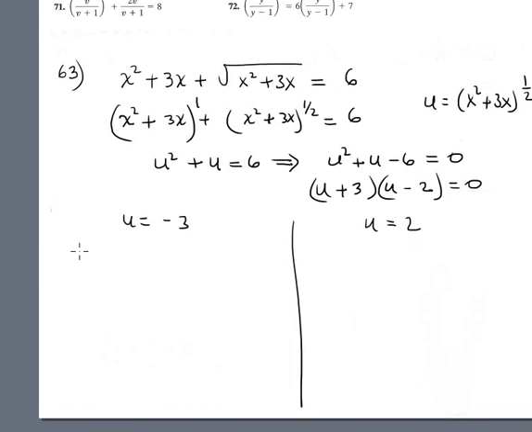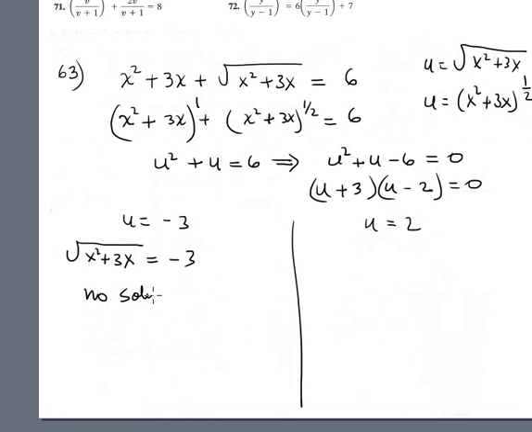Who is u? u is this expression. And basically, this is like the square root of x squared plus 3x. So the square root of x squared plus 3x equal -3 has no solution, because a square root never produces a negative number. However, this one, yes: the square root of x squared plus 3x equal 2.